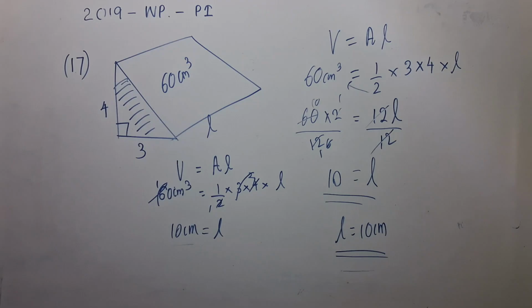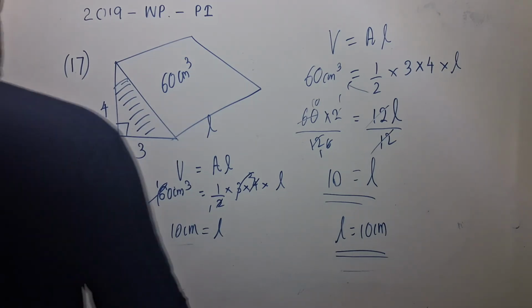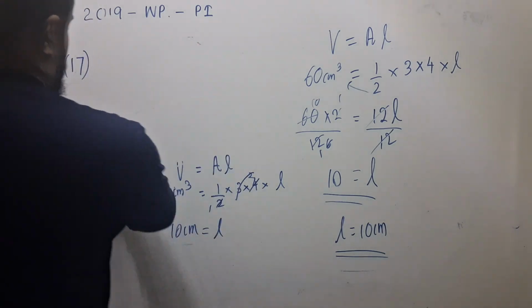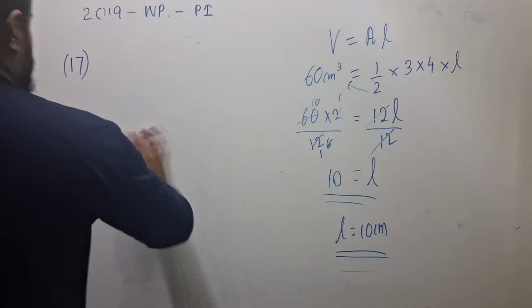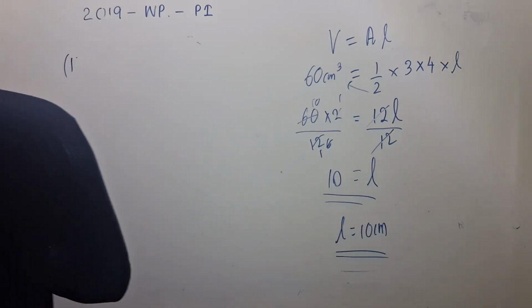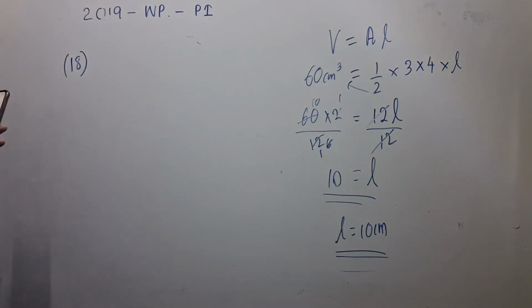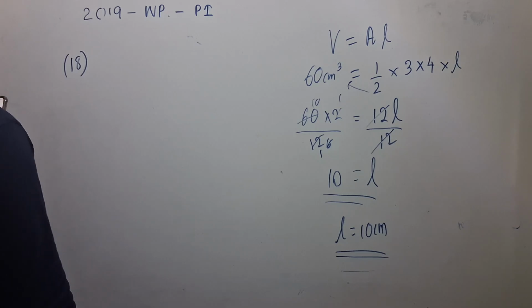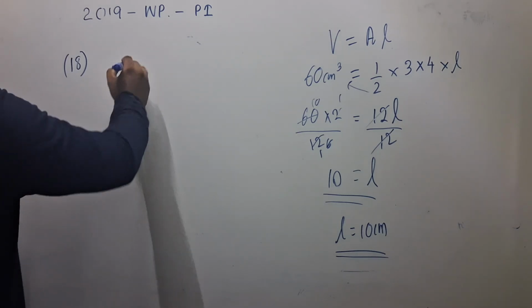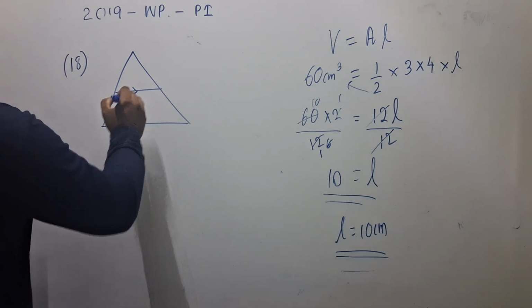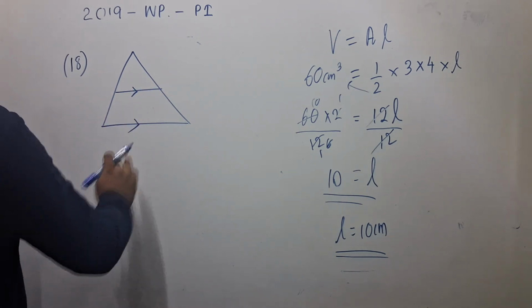Then question number 18. According to the information given in the figure, find the values of x and y. They have given parallel lines.